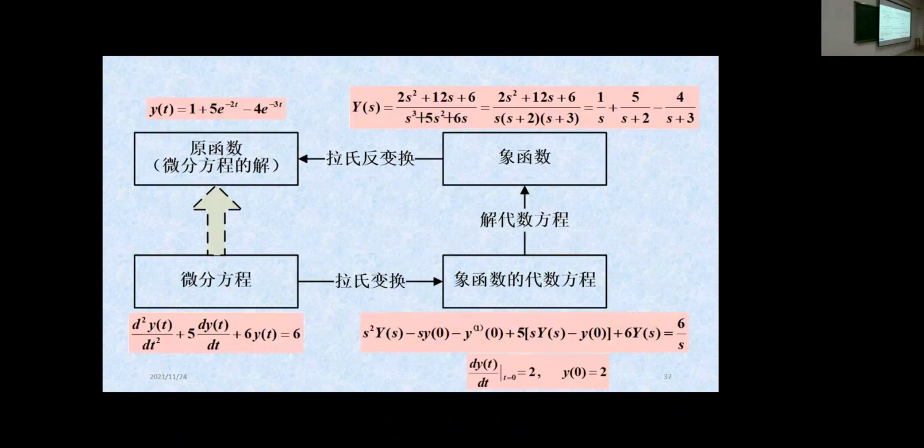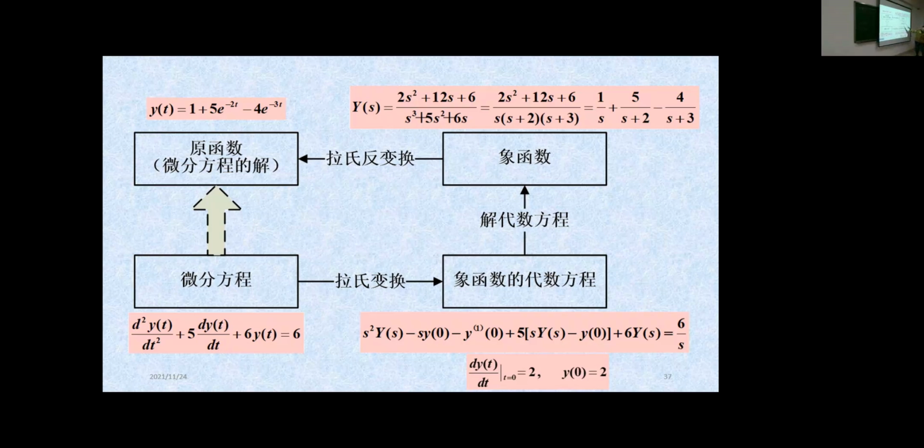This slide, though written in Chinese, we can understand as the whole process. When we use the Laplace transform to solve a differential equation, first we have the differential equation. Next, we take the Laplace transform to get the equation in the s domain. Then we solve for the function of s. Then we have the solution, but it's not in the time domain, it's in the s domain.